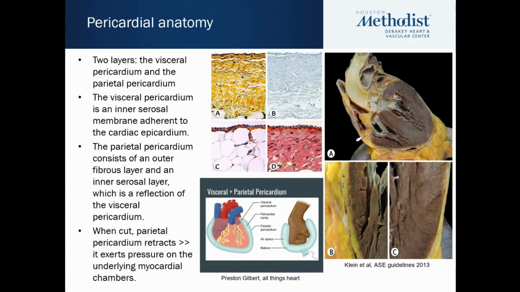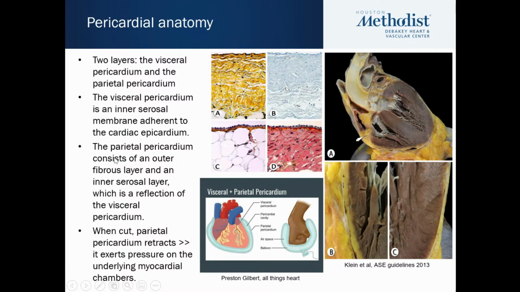The pericardium is two layers that are primarily a visceral pericardium and a parietal pericardium. Within the visceral pericardium, there's an inner serosal membrane, and that's actually attached to the cardiac epicardium. If you look at these pathology samples, if you have epicardial fat, it's this layer that's right on top of the epicardial fat layer, or it could be the layer of cells that are directly adjacent to the cardiac myocytes.